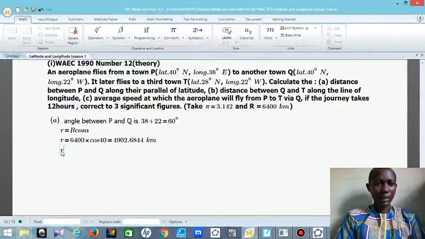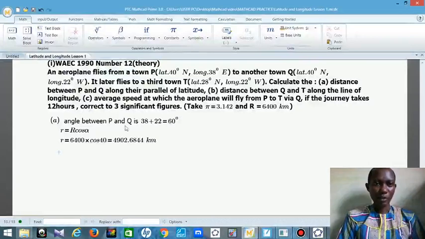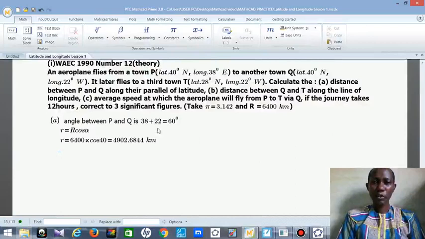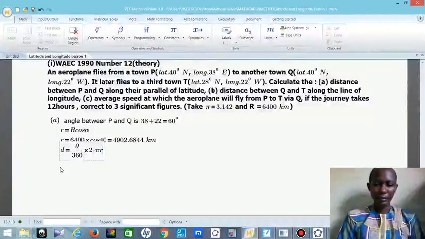So now we need to get the distance. We have our angle between the 2 points. We have the radius of the latitude, the radius from P to the center, which is 4,902.6844. Since we know that the distance between 2 points is theta over 360 times 2 pi r, this is the formula.